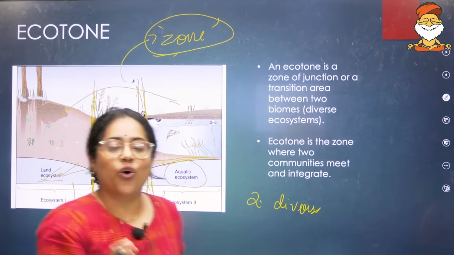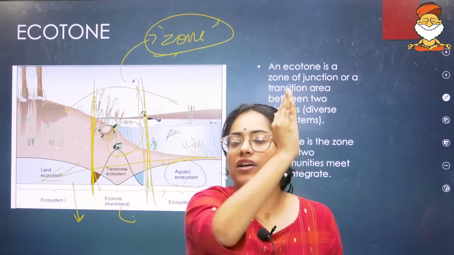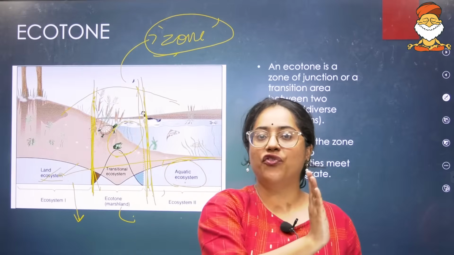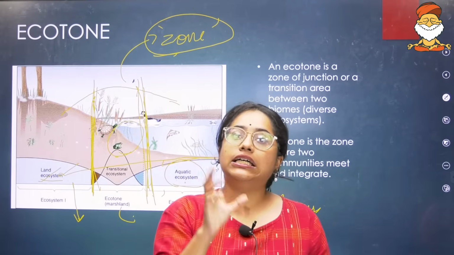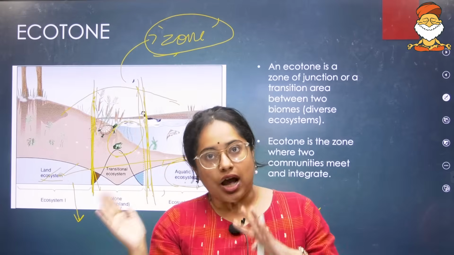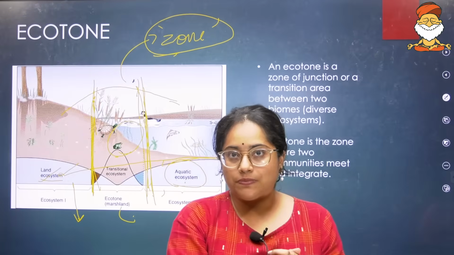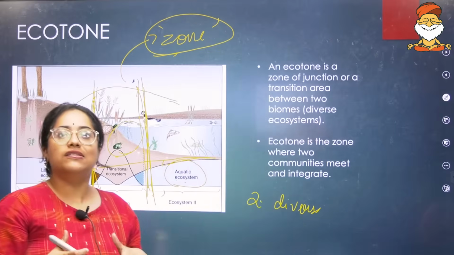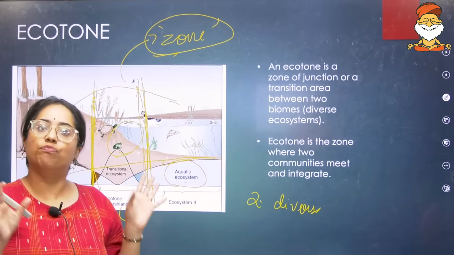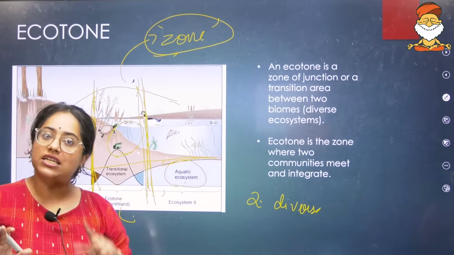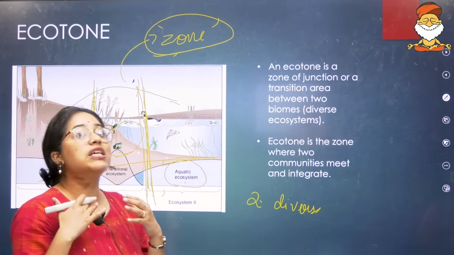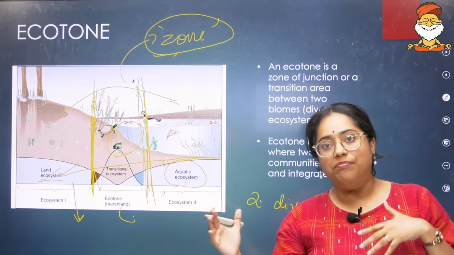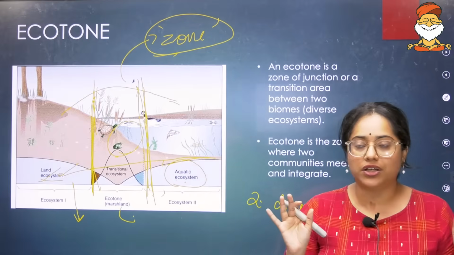So I can clearly say, okay, from here on, the land has moved on to a complete transition, or from here the water has moved on to a complete transition. I can clearly see a zone of transition of both of those areas, and that area expresses the different features of both. And when I'm saying features, it means what? Land, water, whatever is the associated temperature, salinity, everything associated with it.